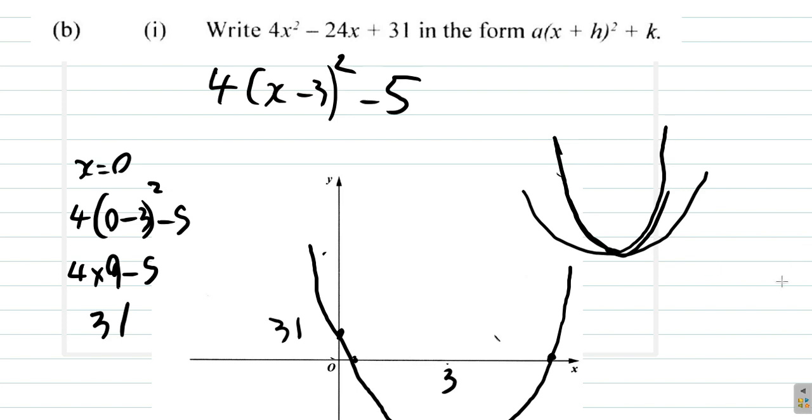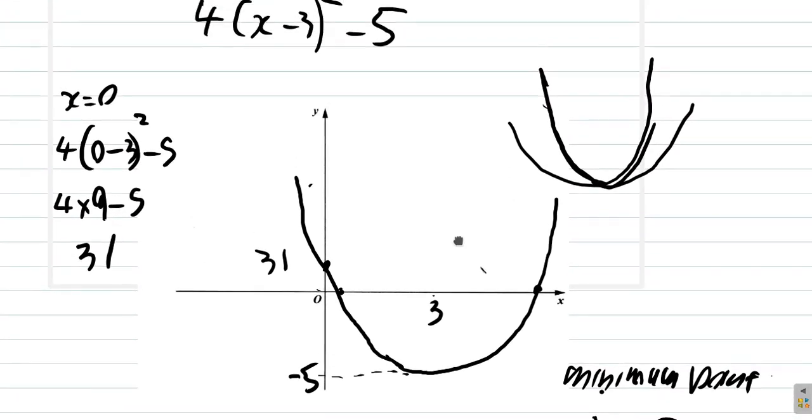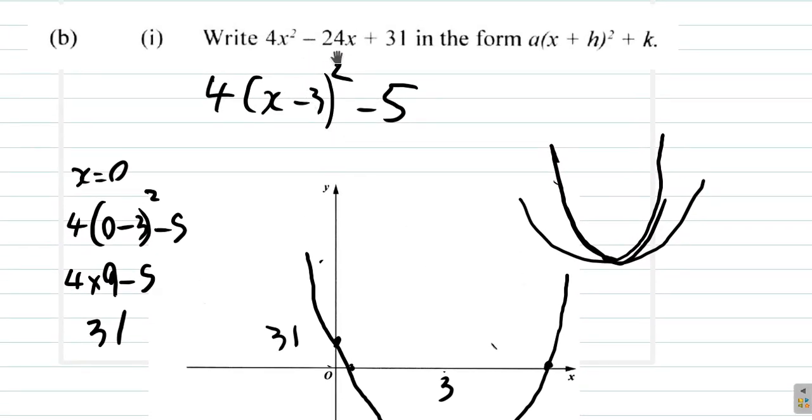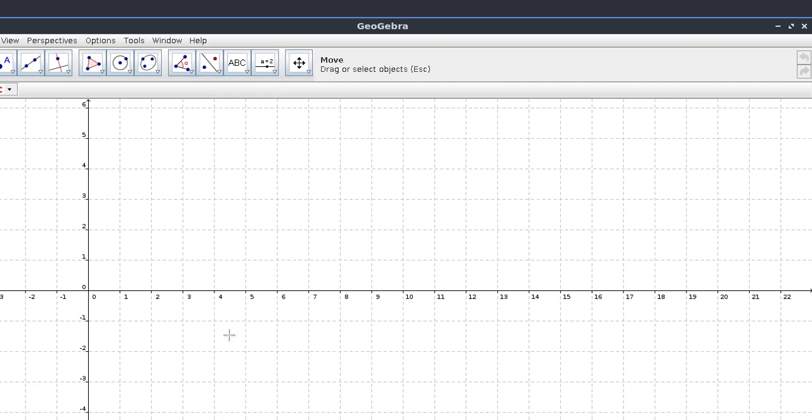Now, how about we plot the original function using the computer itself and see what it looks like, if it really looks like this. You have 4x squared minus 24x.